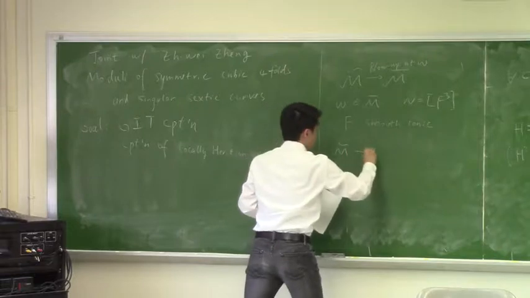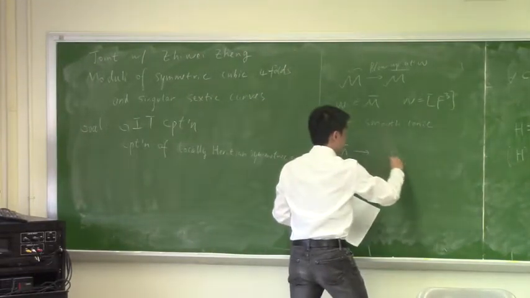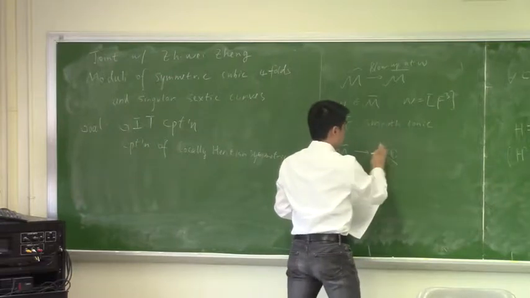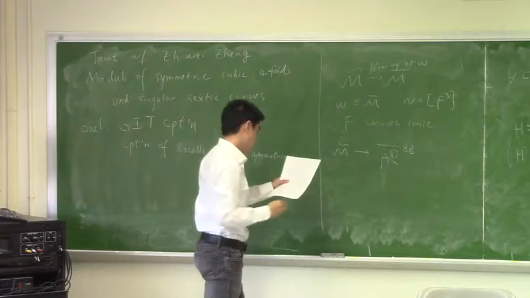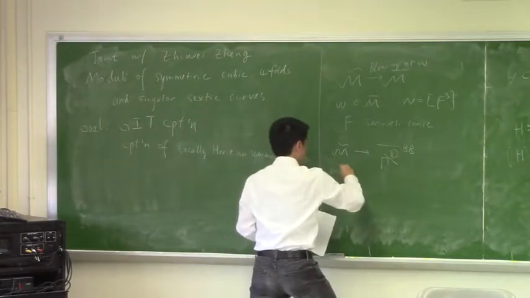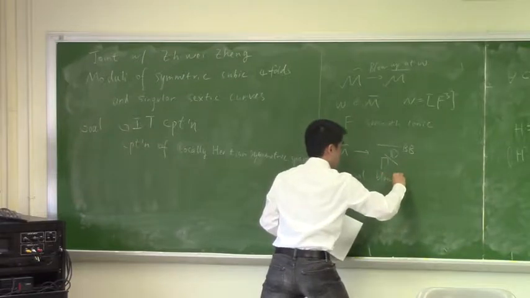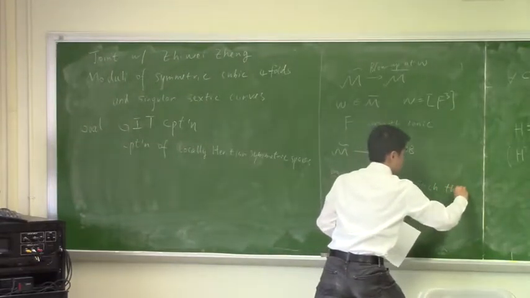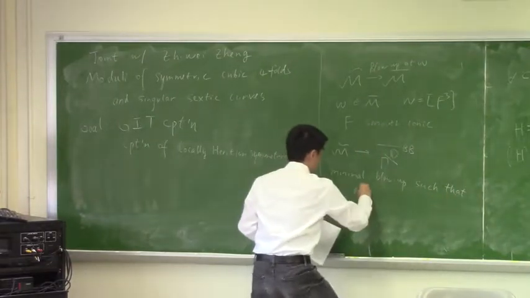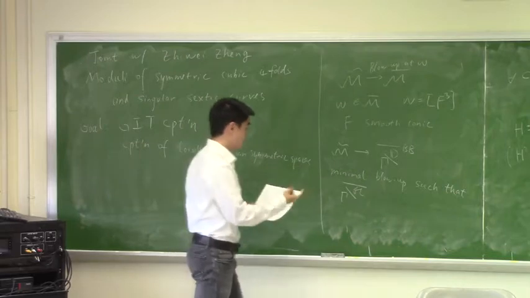And the other map to the Baily-Borel compactification is related to the hyperplane arrangement. It's a minimal blow up such that the hyperplane arrangement becomes Cartier near infinity.